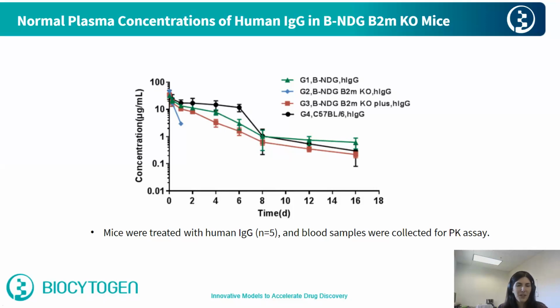But it is not detectable in another B2MKO strain that does not rescue the beta-2M expression in the context of IgG recycling. And so that's why this strain is also named B2MKO+.